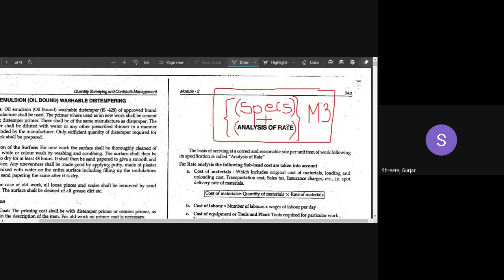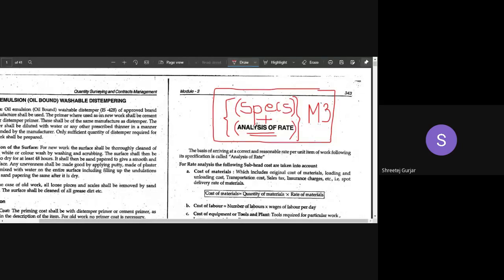You have to be very well versed with the various rates of various items of works, right? What is the prevailing rate of excavation in your area? What is the prevailing rate of flooring? What is the rate per square meter of plastering in your area?